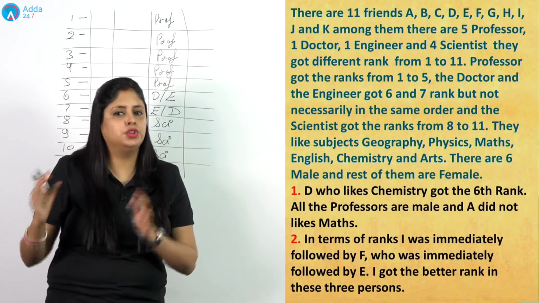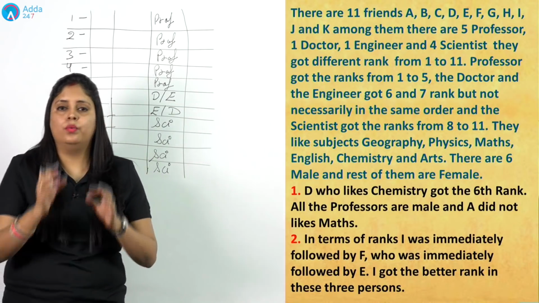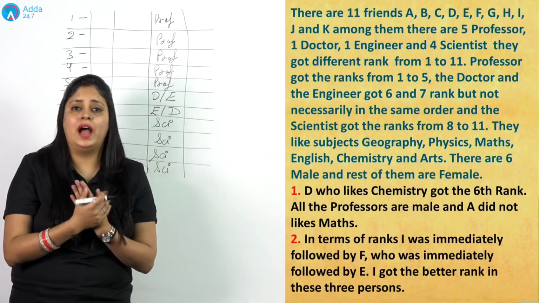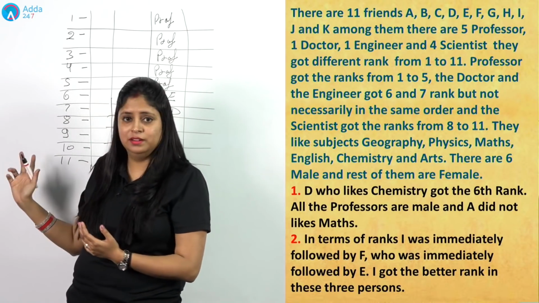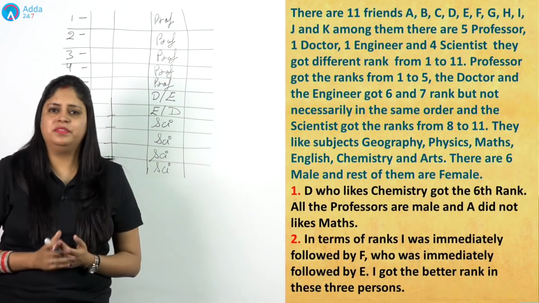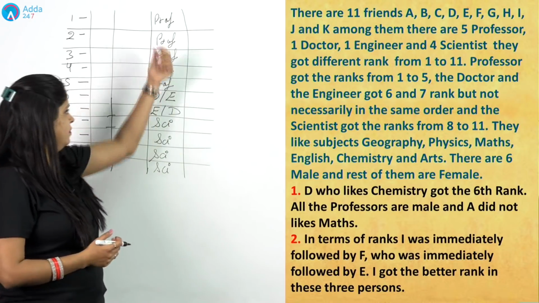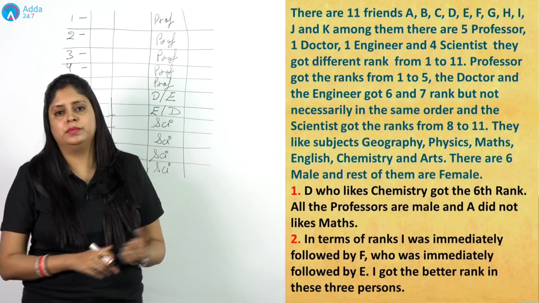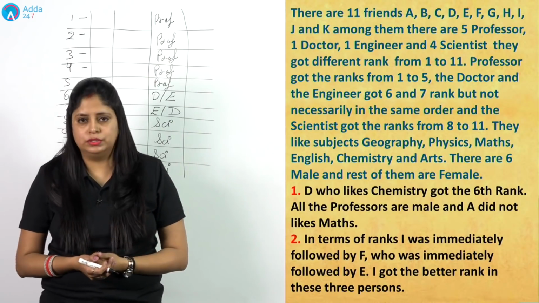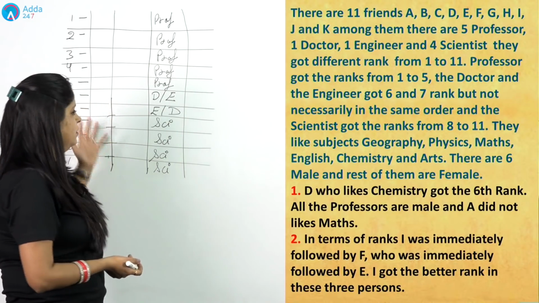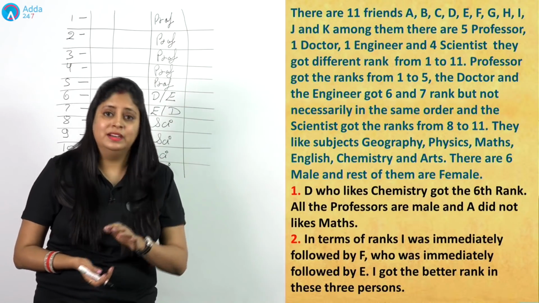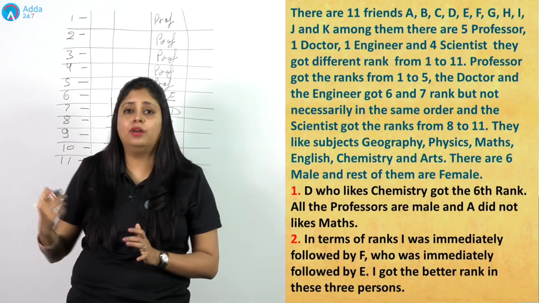You need to shortlist in a very smart way what should be the basic variable or the pillar of your simplification. That is the big challenge. You can simplify in any node. If you prefer profession, you can simplify from that also. If you prefer subject, you can simplify with that also. If you prefer different person names, you can simplify with that also. But I preferred this rank order.